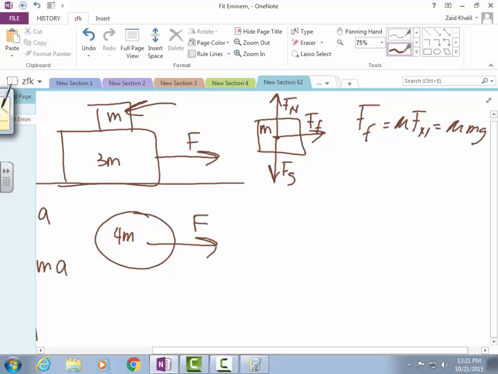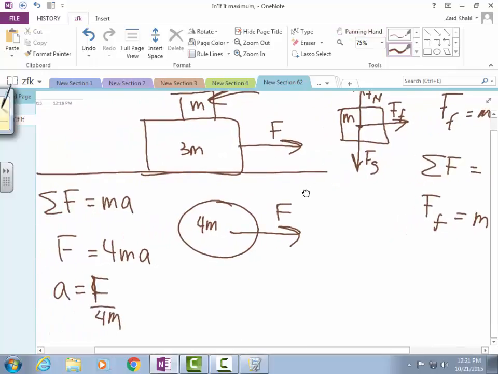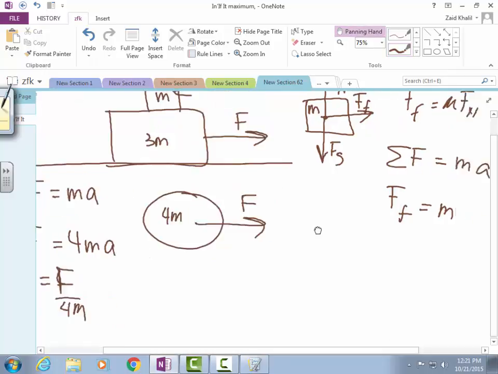So now, what's the net force acting on this thing? Net force is equal to the mass times the acceleration. The net force is F_f. And that's equal to the mass, which is m, times the acceleration. But what's the acceleration of this body? F divided by 4m. Why?